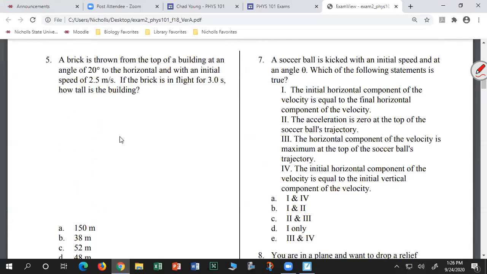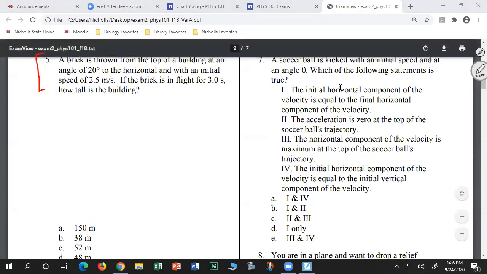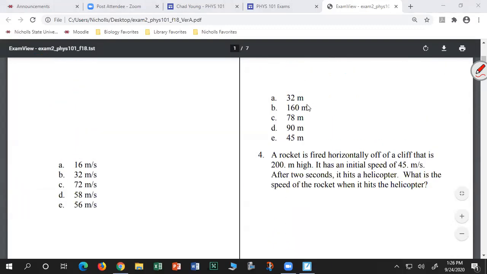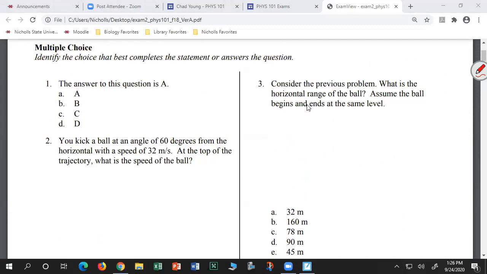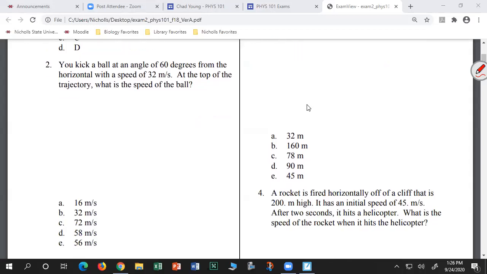You are going to see a question like number 5. You're going to see all 3 scenarios for projectile motion, and at least a couple of those will have multiple questions built in. What is the total time? What is the total height? That sort of thing. You want to work a projectile motion problem? Number 2? Okay.